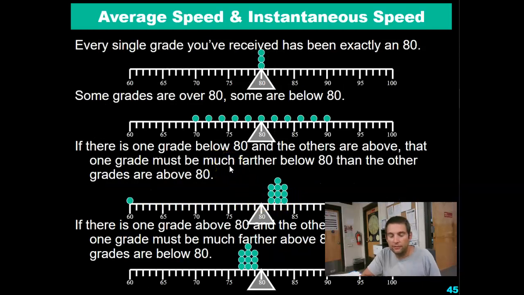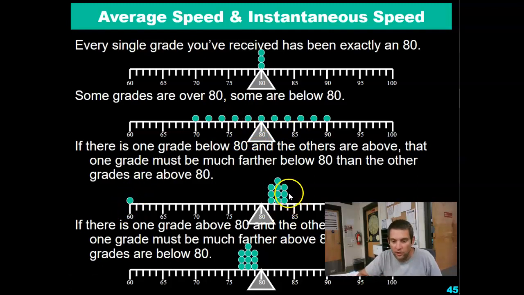Here's a visual representation of that. So if these little blue dots represent assignments or grades or whatever. If all three of your grades are 80, then your average will be exactly 80. If they're evenly spaced out, then 80 happens to be right in the middle, your average will be 80.